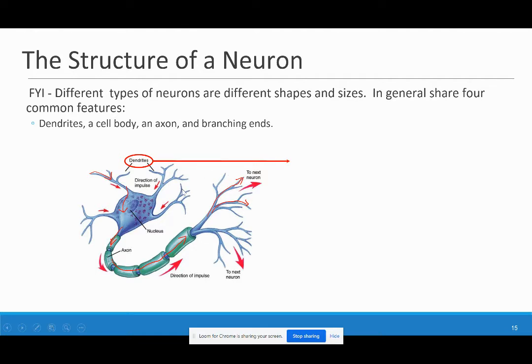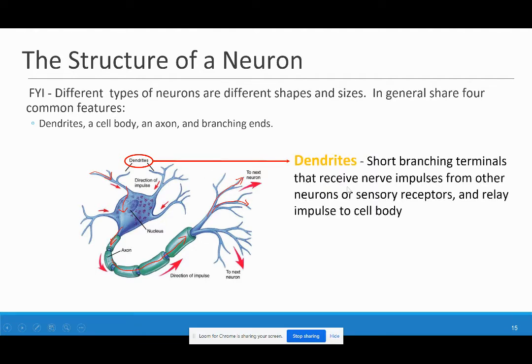So, function of dendrites, you can see those branches there. They are receiving nerve impulses from adjacent neurons in the neural pathway, or they could be synapsing with a sensory receptor cell, which is detecting a stimulus.